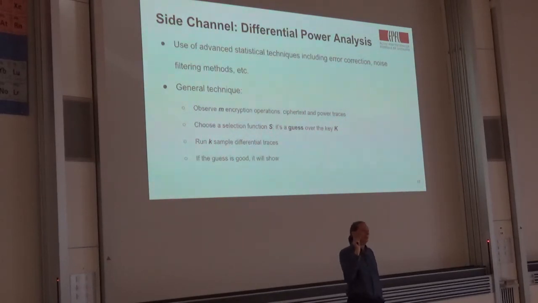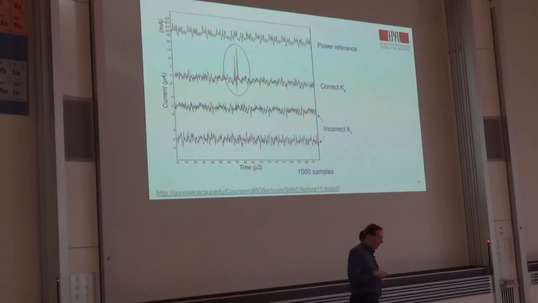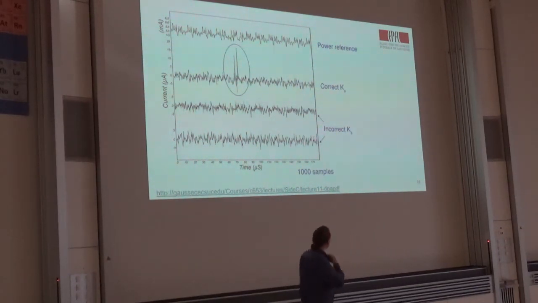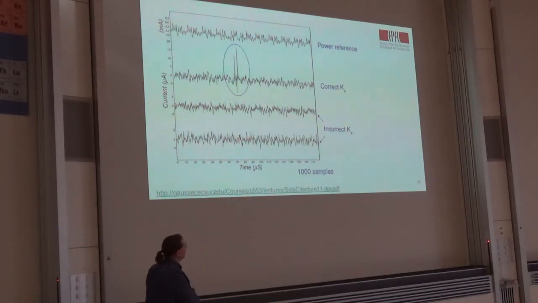Was I a little bit correct, or not at all correct, or a little bit more correct? Again, the attacker doesn't need to get a lot of information from each run for the attack to succeed. This is the way that these differences can be revealed.